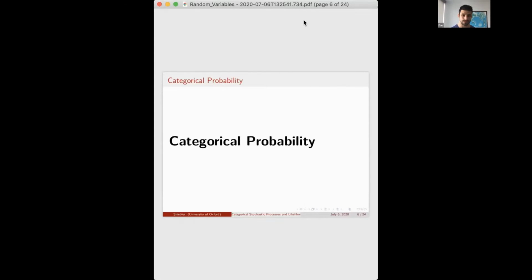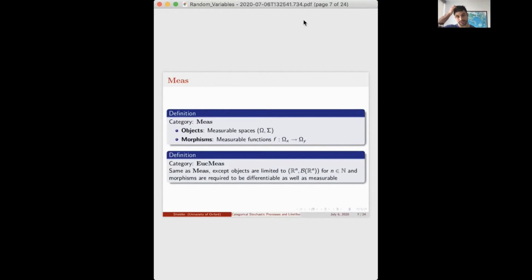To describe maximum likelihood and its relationship back to learning models, we turn to categorical probability. One thing that I'm going to be using a lot is this category UCMes, which is basically the same as the category of measurable functions, except we're limiting our objects to just Euclidean spaces with their Borel sigma algebras, and we're requiring that morphisms are differentiable as well as measurable.